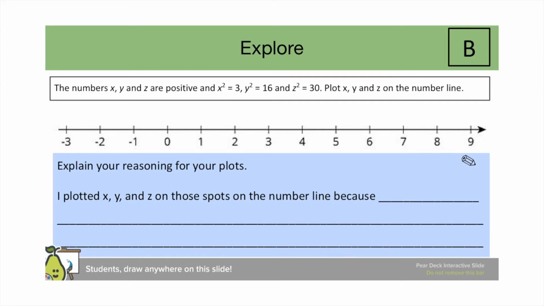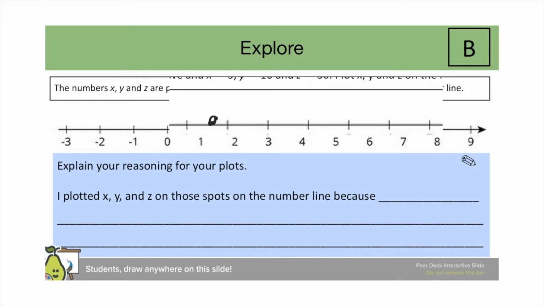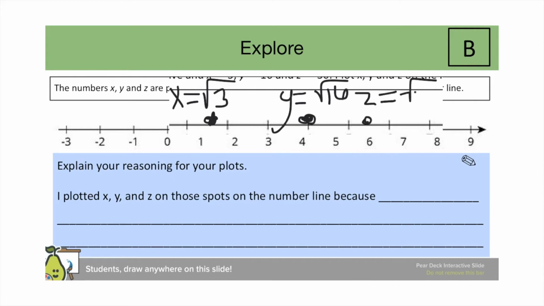Students will place x equals square root of 3 right there. So x equals square root of 3, y equals square root of 16, and z equals square root of 30.